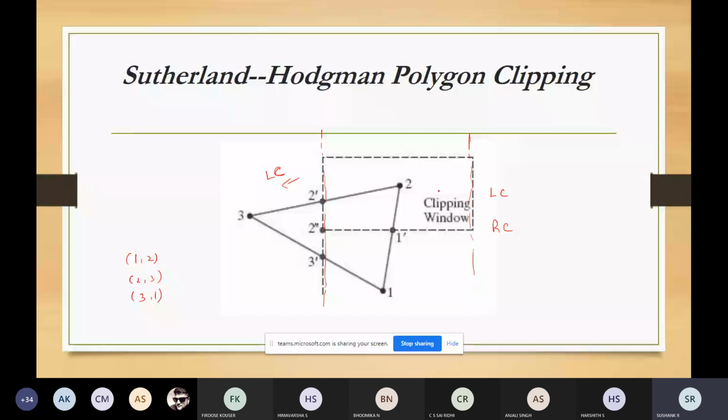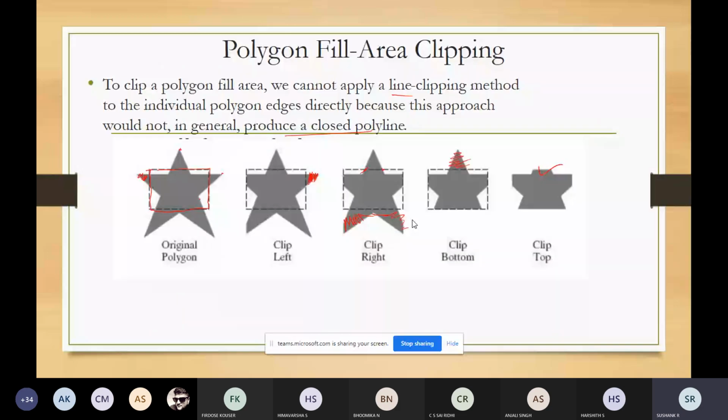So you can check this image, you can refer to this. It will be like this: left clipper, right clipper, top clipper, bottom clipper.